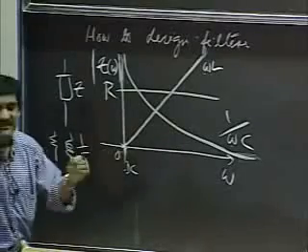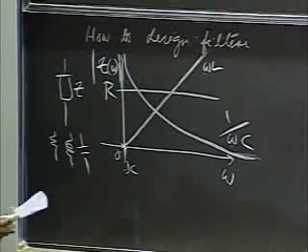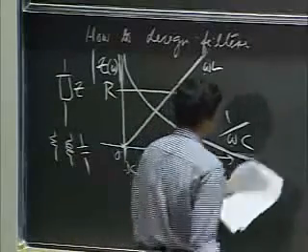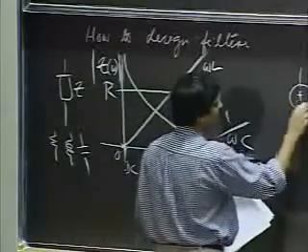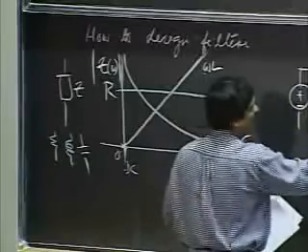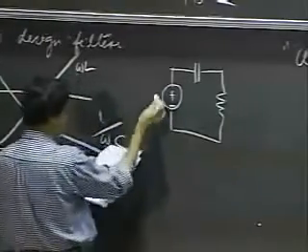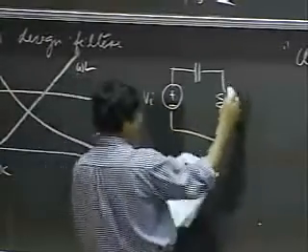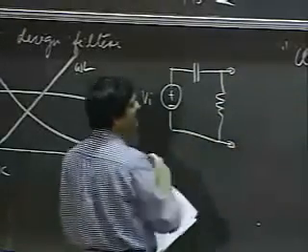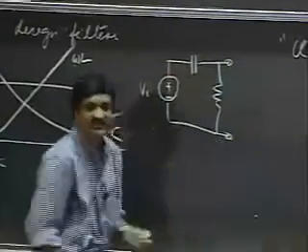So let's use this to build some insight into how our circuits might look. So let me do this example. So let's say I have a VI, and I measure the response across the resistor.